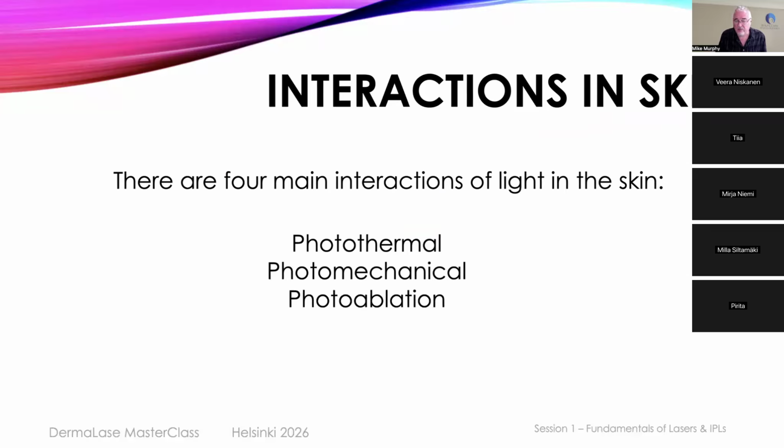Photoablation, this is when we boil tissue water and the skin comes flying off in all directions. That's what CO2 laser does. And then photochemical, which is a much, much more gentle process where the photons stimulate certain elements within cells, usually mitochondria, and that creates a certain kind of reaction, but it's very, very subtle. You don't feel anything. There's no heat. There's no physical sensation. It's a very, very subtle process.